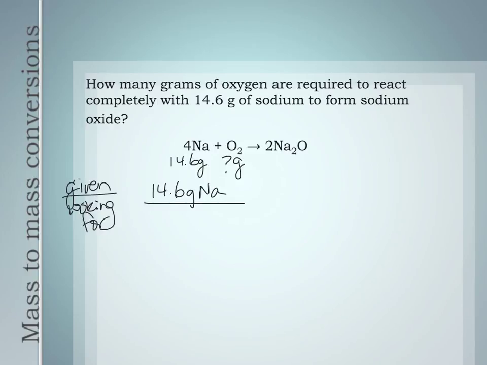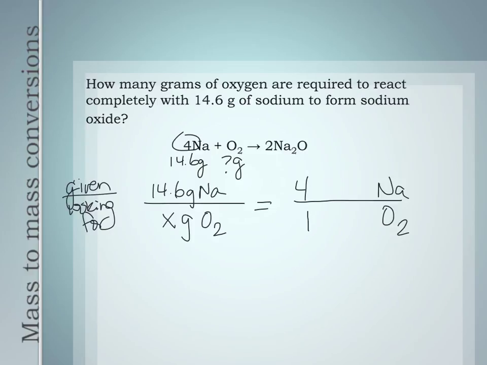Notice I'm putting the unit and the substance, and I'm looking for X grams of O2. All right, so over here I'm going to put Na, and I'm going to put O2. Always going to use the coefficients. So the coefficient in front of Na is 4. Coefficient in front of O2 is 1.